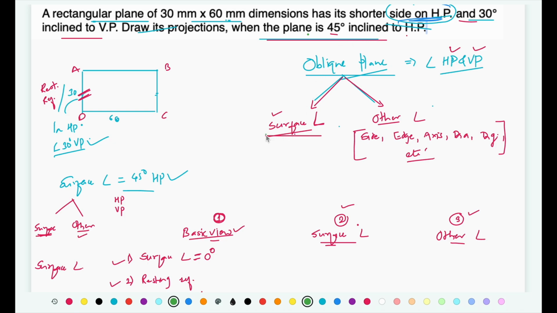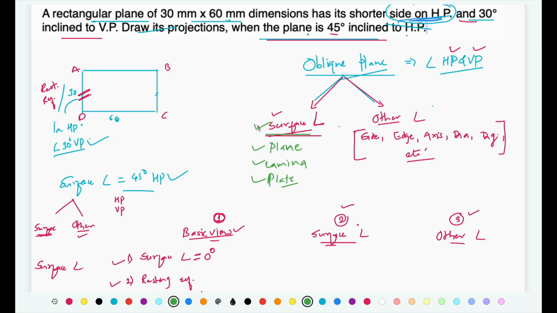So whenever surface inclination is given, the wording could be surface of the plane or surface of that object inclined. They can simply say a plane inclined, they can even say lamina inclined. In certain examples they call it plate also.